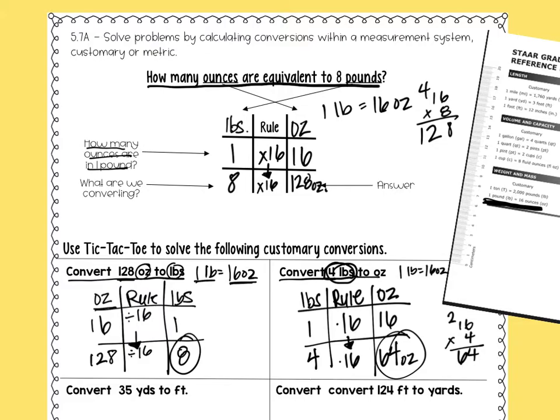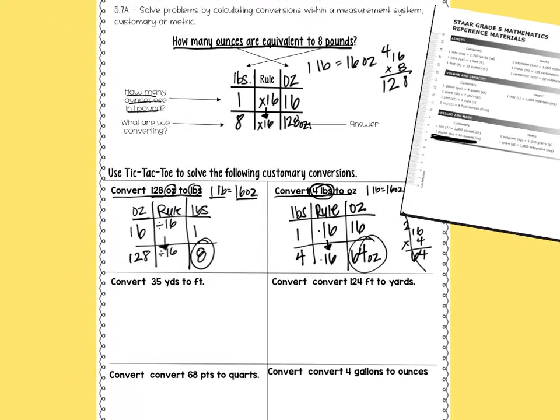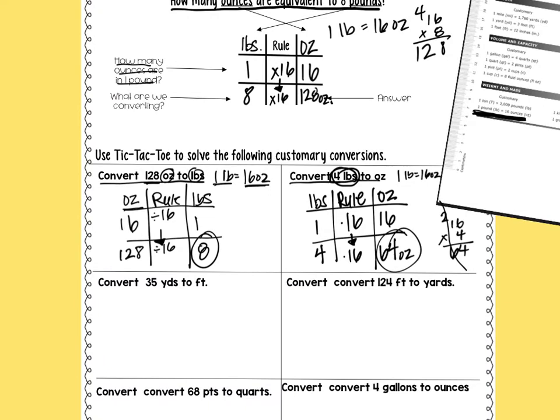For my next conversion, I want to convert 35 yards to feet. So I'm going to make a tic-tac-toe board. And I know that I'm going from yards to feet. So yards will be on the left side and feet will be on the right side. And I have a rule that gets me from yards to feet.